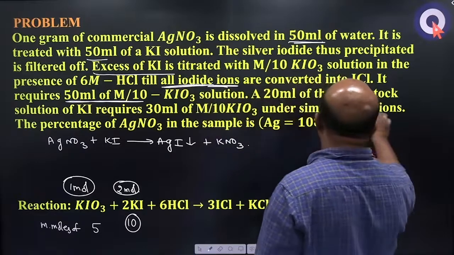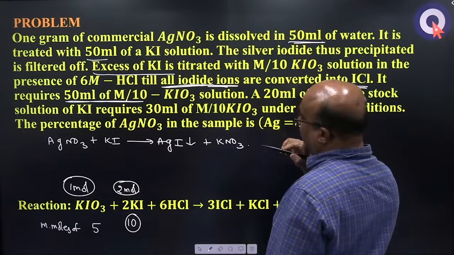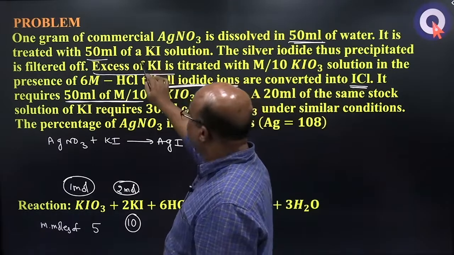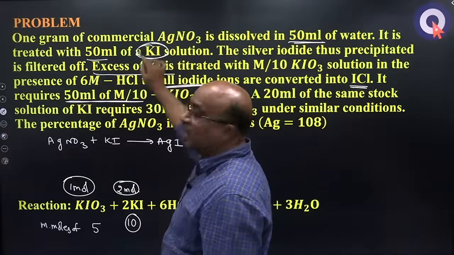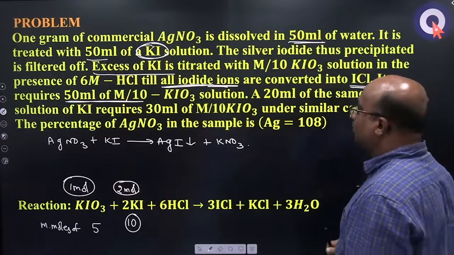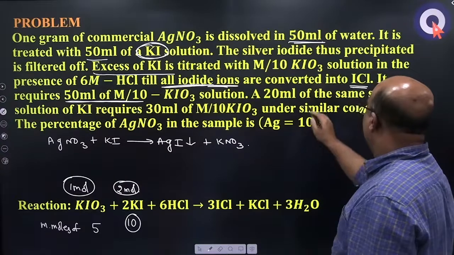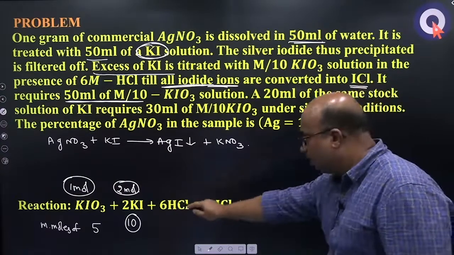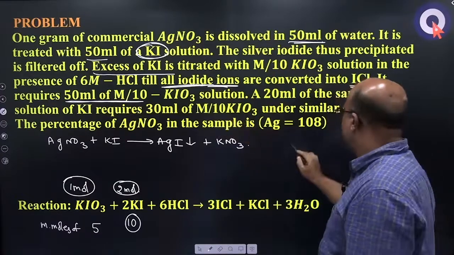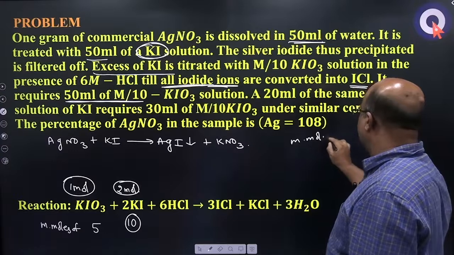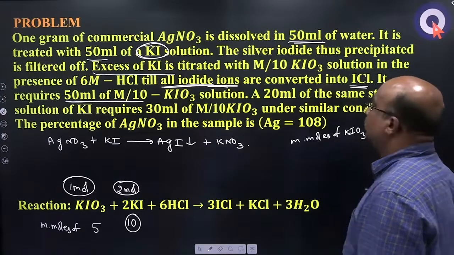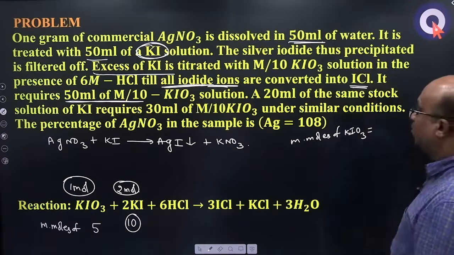20 ml of the same stock solution requires 30 ml. So we have a particular concentration of KI. What is that KI concentration now? If you take this relation, number of millimoles of KIO3, what is the number of millimoles of KIO3?